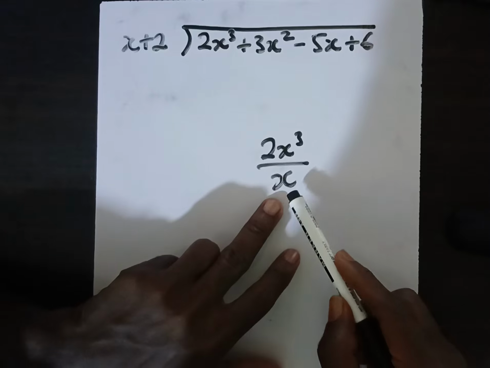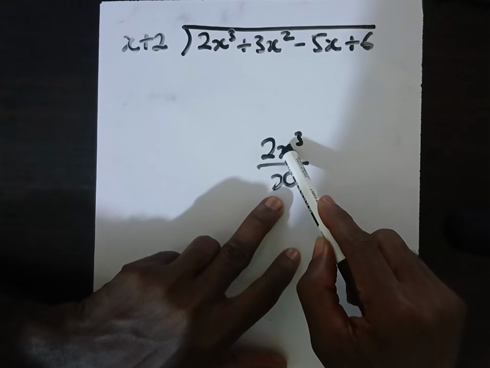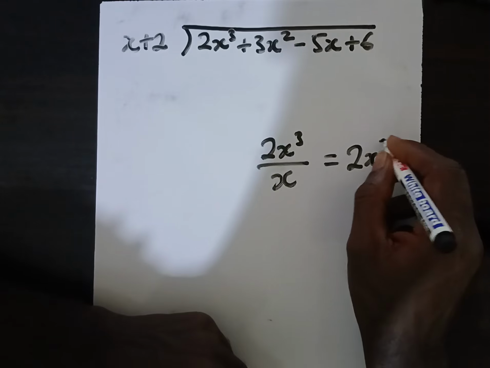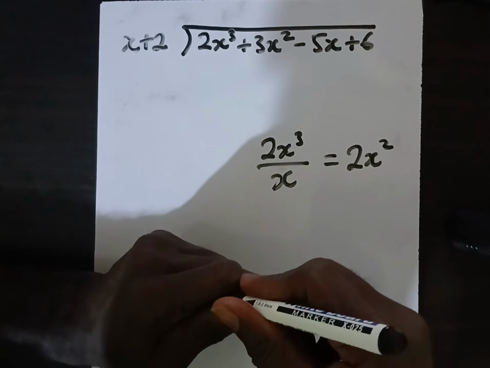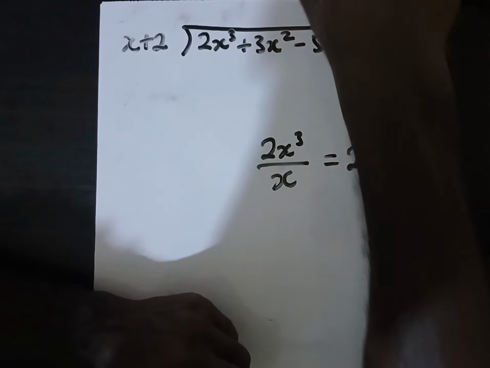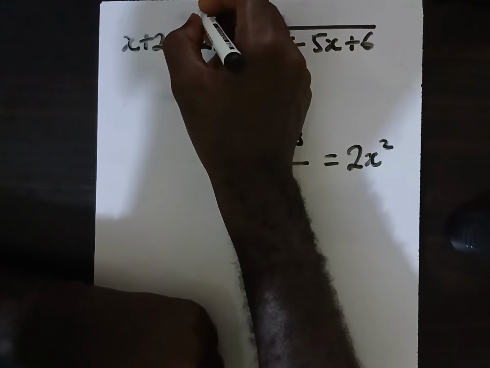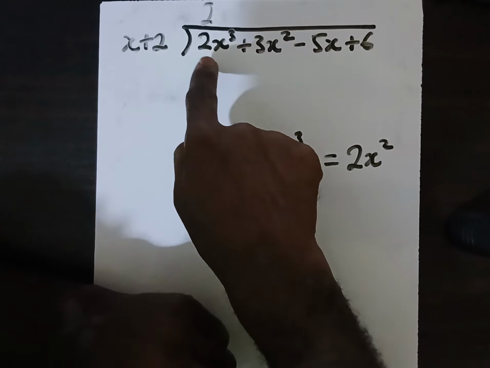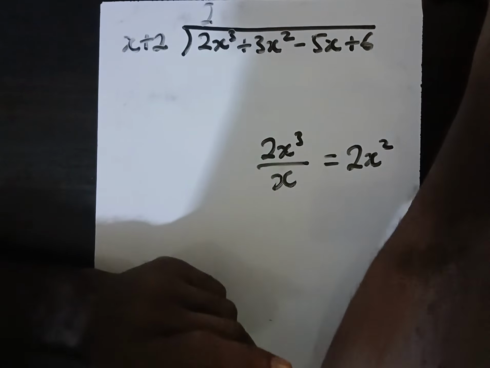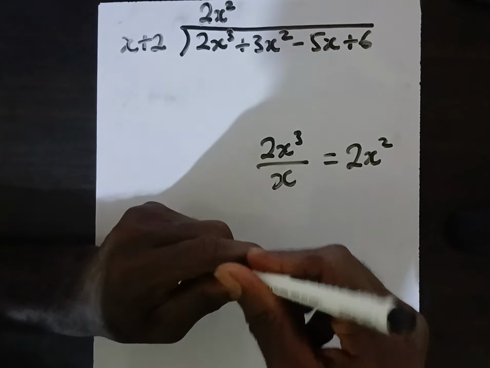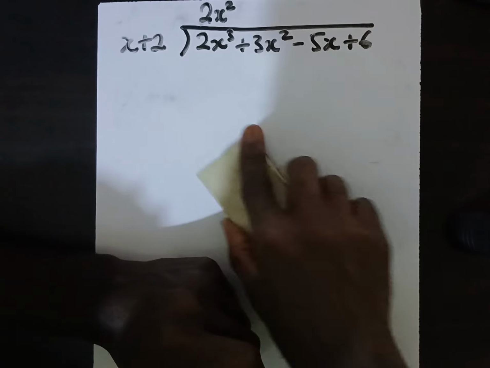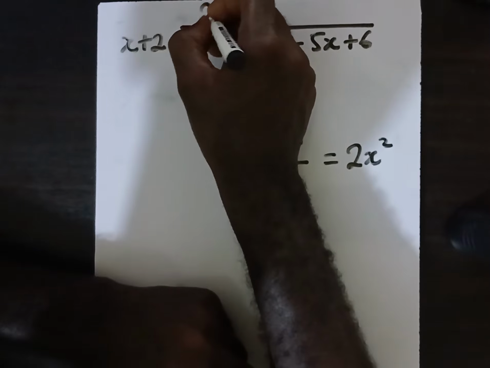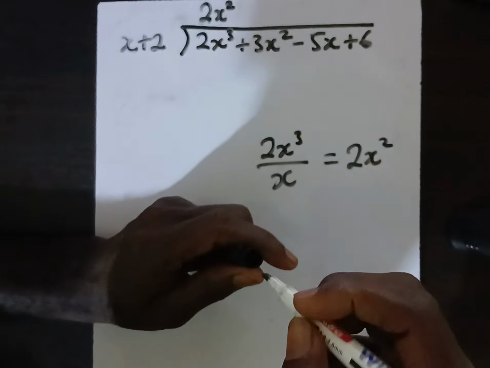You can see that this x will cancel one of these x's, so this will give you 2x squared, and that is what you write on top of this 2x cubed, because x will go into 2x cubed 2x squared times.